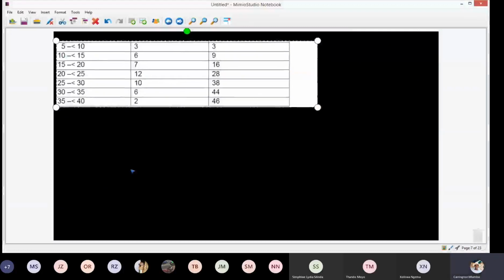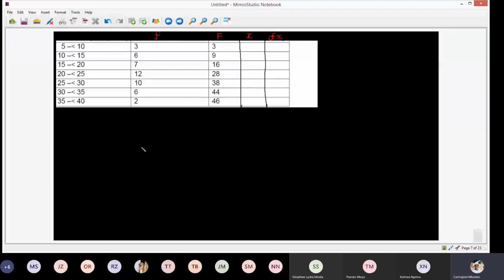I've put it like this so that I will just show you. This is your frequency. This is your cumulative frequency. Then you can find your X, then you can find your FX.